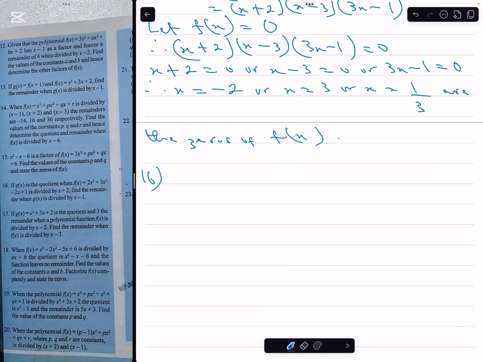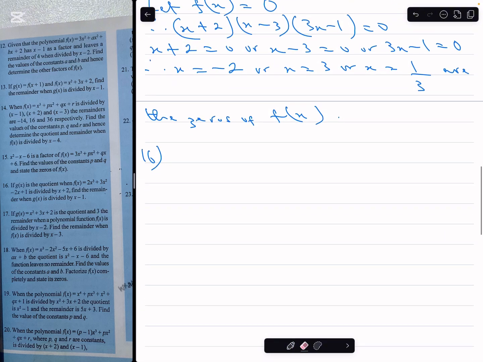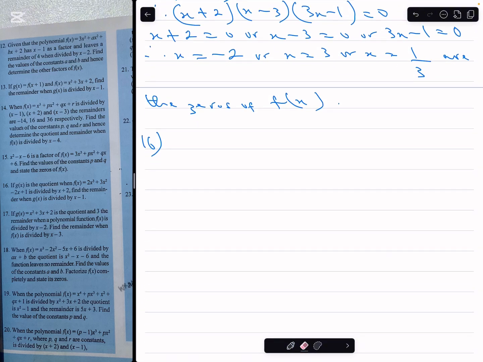Let's check 16 quickly. If g of x is the quotient when f of x, which is equal to 2x cubed plus 3x squared minus 2x plus 1, is divided by x plus 2, find the remainder when g of x is divided by x minus 1.